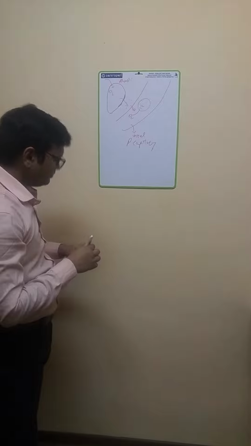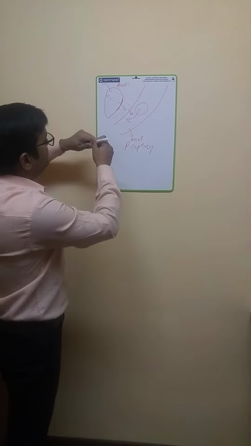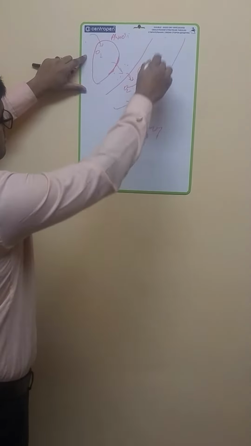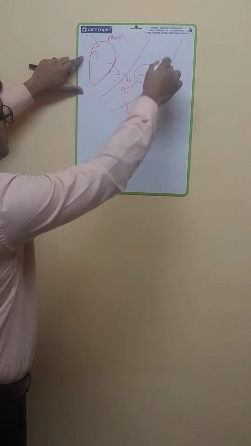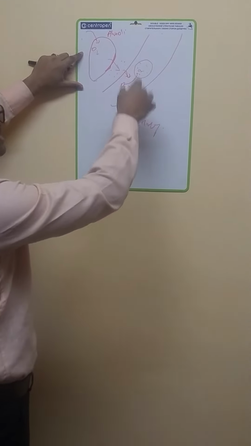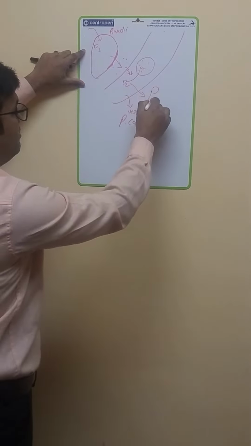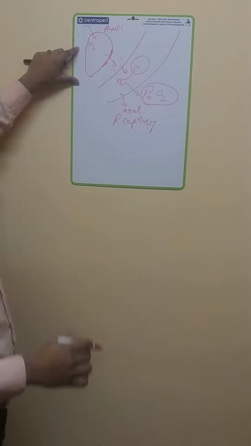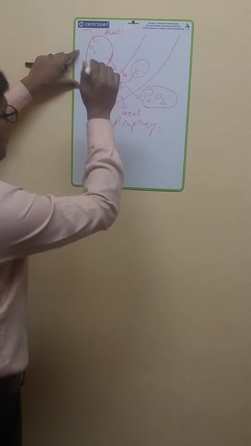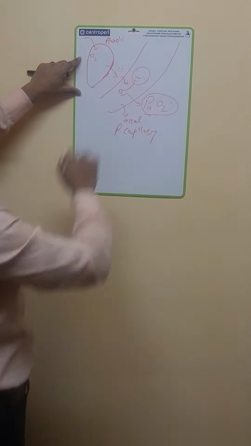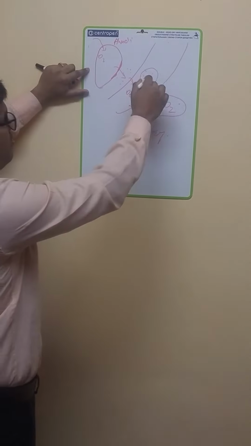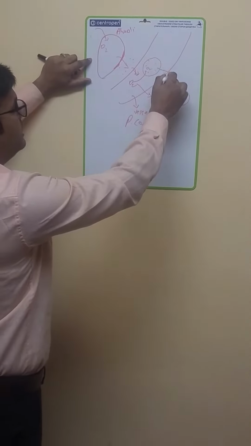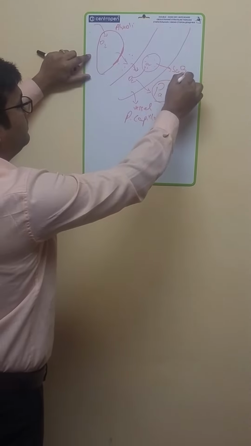Now friends, the O2 which is dissolved in this plasma, in this blood, is the partial pressure of oxygen. Partial pressure of oxygen is the dissolved amount of oxygen present in the plasma. And how much oxygen is going inside the hemoglobin molecule? This is the saturation of oxygen.